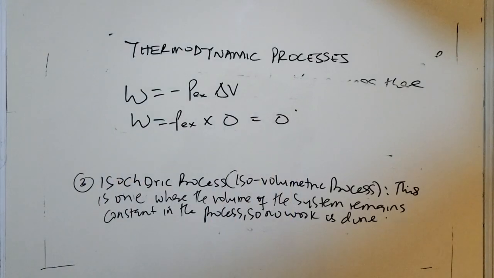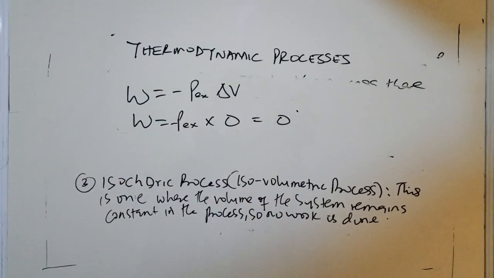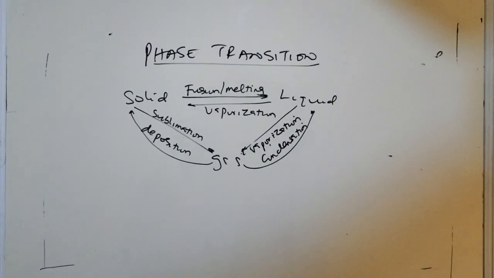So having done that, we go to phase transition. Under phase transition on the board, we are talking about the change of state of matter from one state to the other. And of course, there are three major states of matter: solid state, liquid state, and gaseous state. We can still talk about another state that is not all that common, called the plasma state.